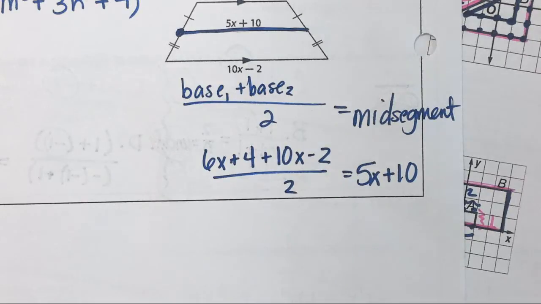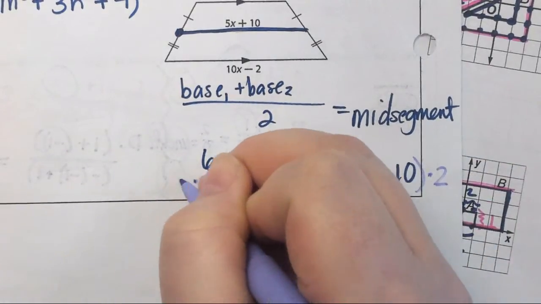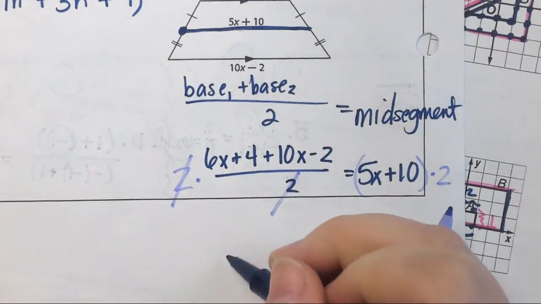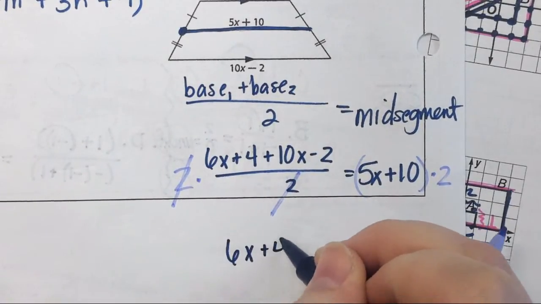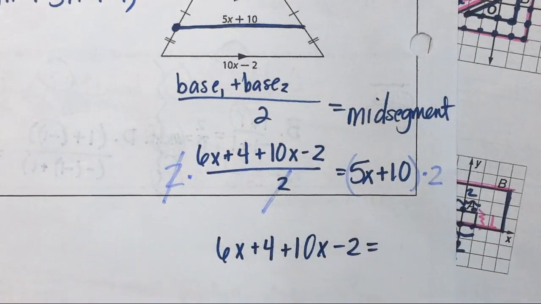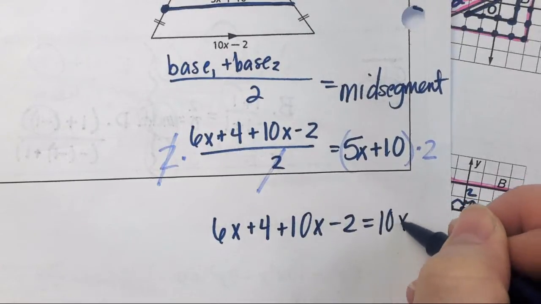So if you multiply by 2 on both sides, the denominator cancels out, and you have 6x plus 4 plus 10x minus 2 equals what? 10x plus 20, Danny. And here we use the 20.